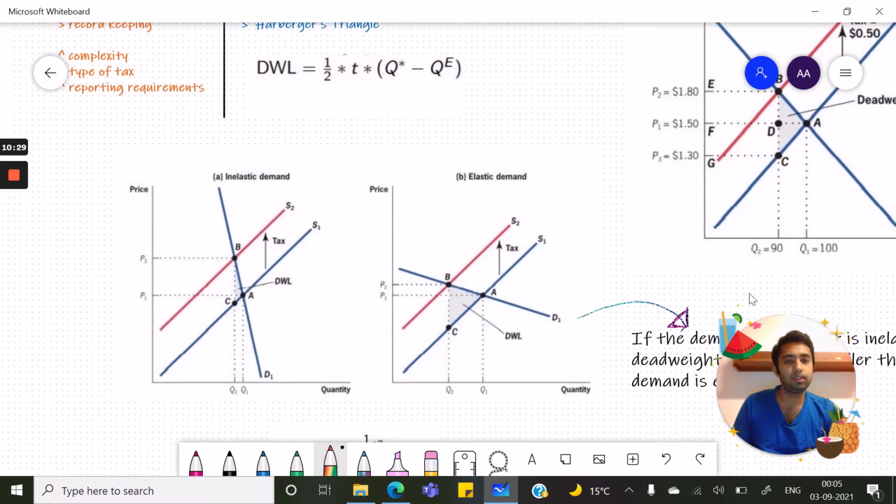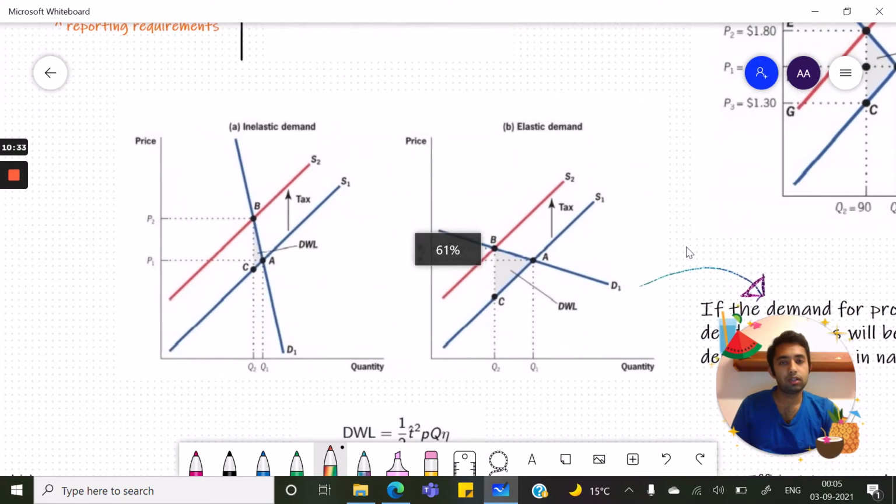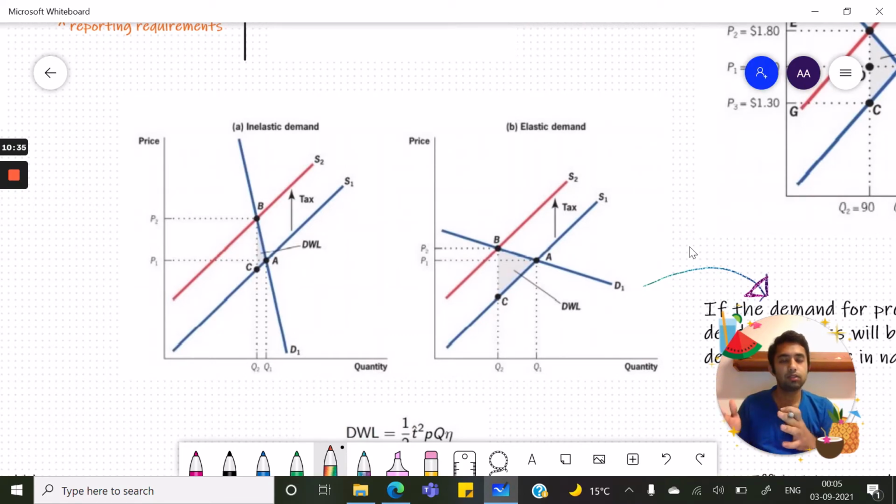A consumer may respond differently to an inelastic good and to an elastic good, and we will see how. If a good has an inelastic demand from consumers, the increase in taxes will create less distortion in the market, right?